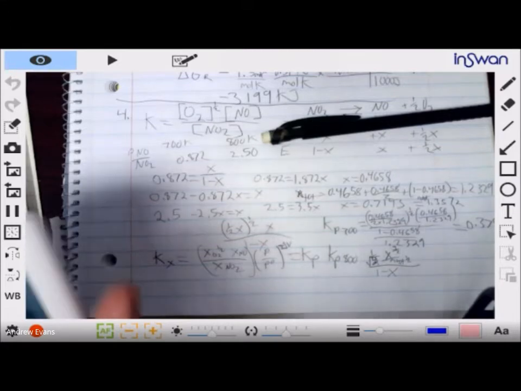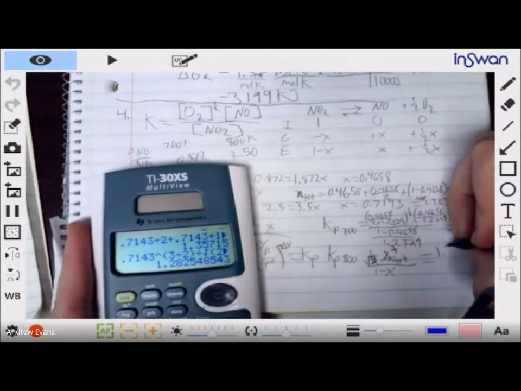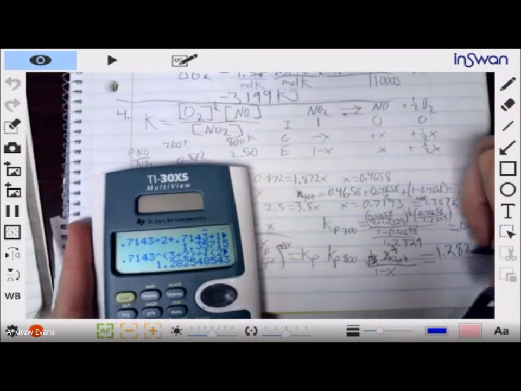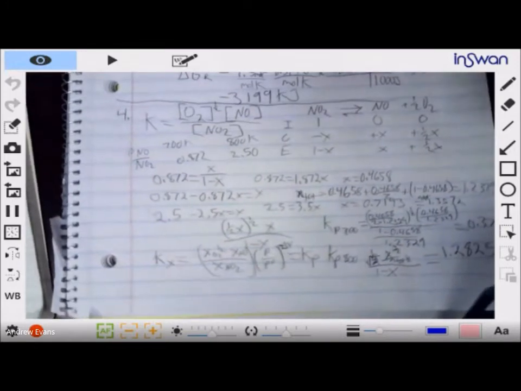You get the Kp at 800 to be 1.2825. So we've answered A. What are our Kp's under these relative situations? Now, moving on to part B.